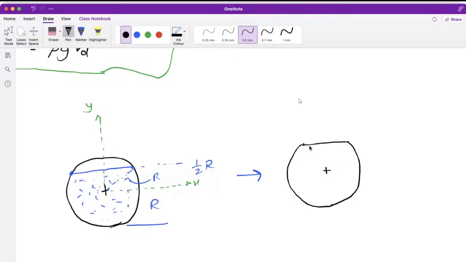So if you have this cut circle here, and to integrate, as I said, we can put it in a polar coordinate.